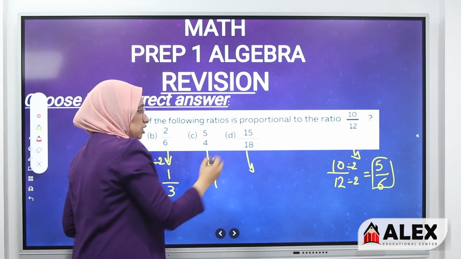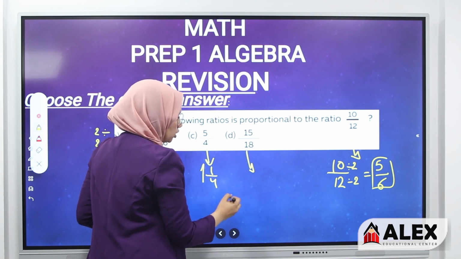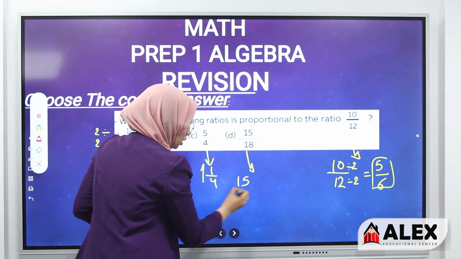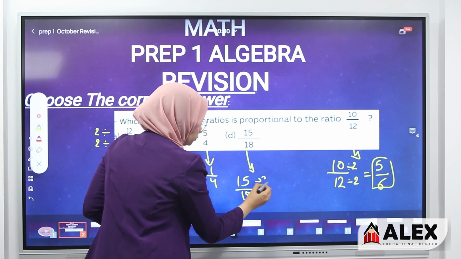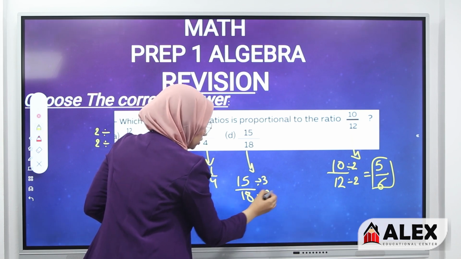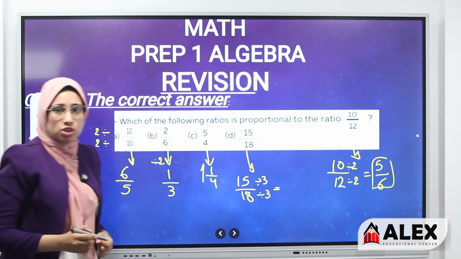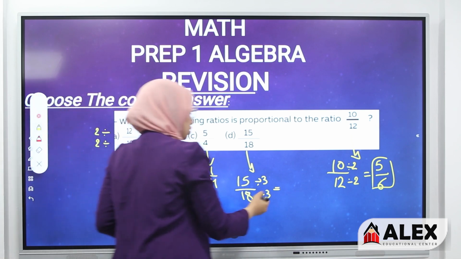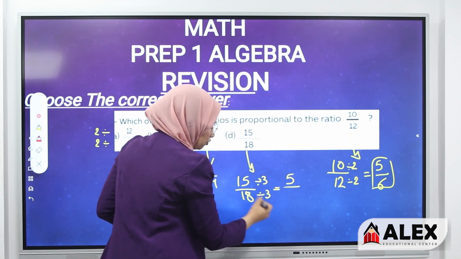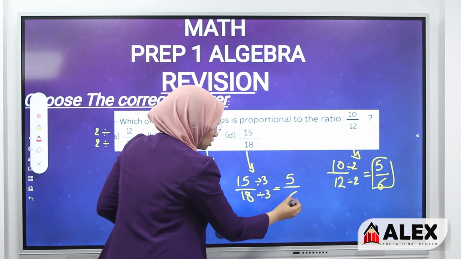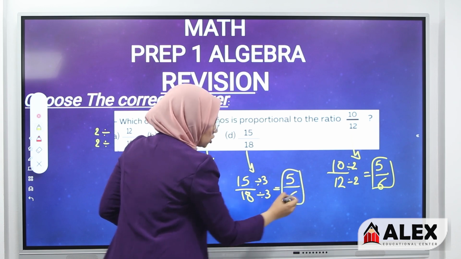Here we have 15/18. That's in the times table of 3. To put it in the simplest form, we divide this ratio by what? By 3. 15 divided by 3 equals 5, and 18 divided by 3 equals 6. That's the same ratio.